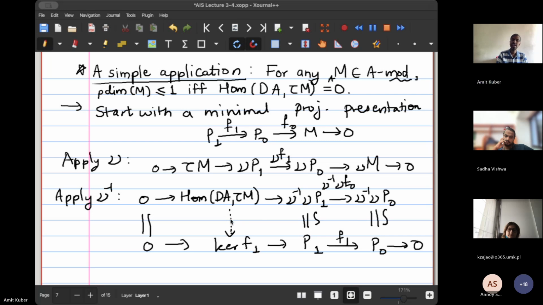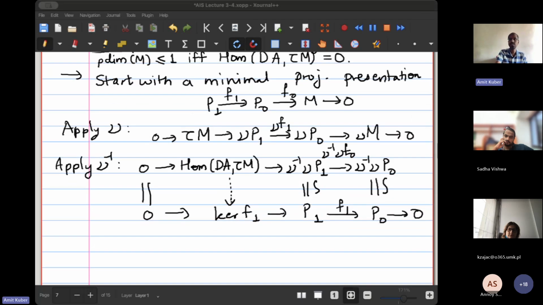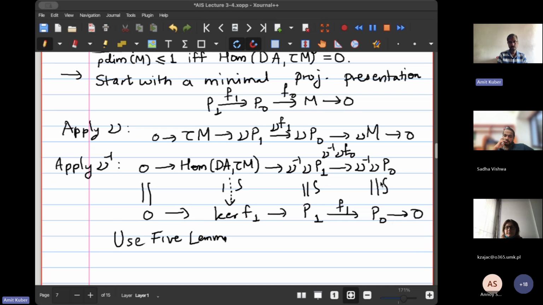And then finally, how can you conclude that this is actually an isomorphism? For that, you have to use some result. I mean, you can directly prove this as well, but you can also use a result called the 5 lemma. And so this is an isomorphism using the 5 lemma. How you can visualize it: there is an isomorphism here, here, here, and you can put a 0 before that, or you can directly show that this is an isomorphism.